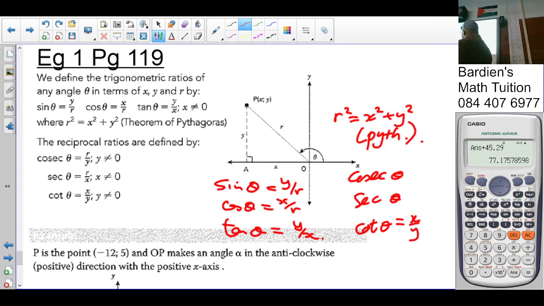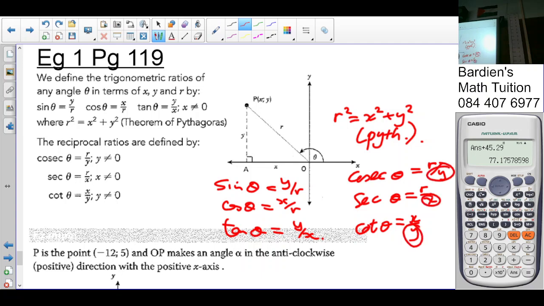If cos is x over r, sec is r over x. Sine is y over r, so cosec is r over y. Remember that the denominators here can never be 0, so x can't be 0, y can't be 0, and r can't be 0. Okay?